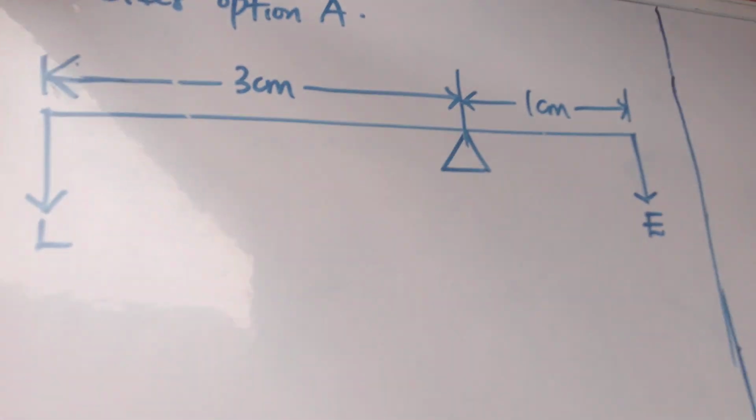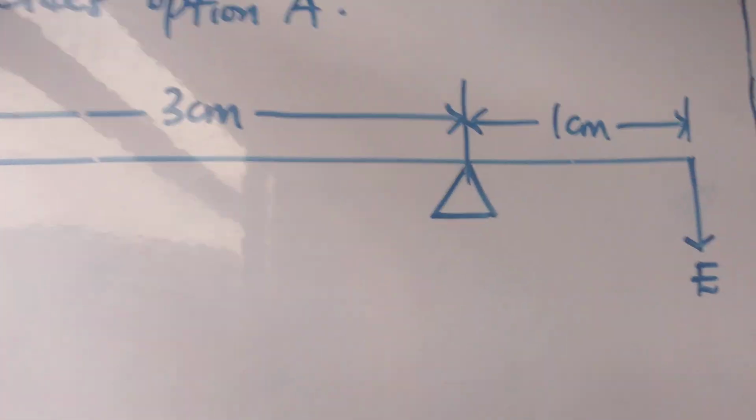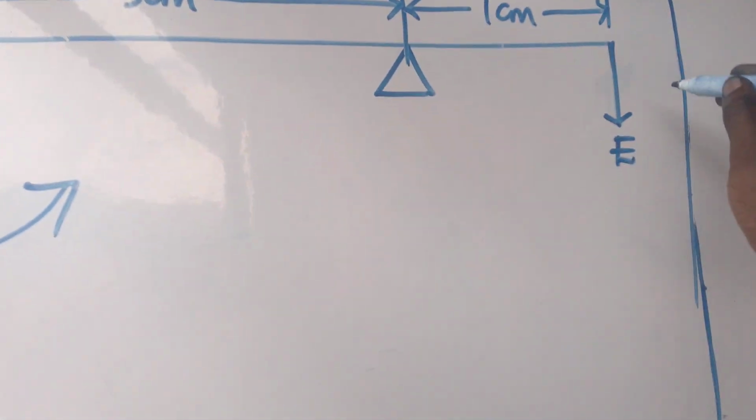Now we'll take moment with respect to this pivot. The load will move this way with respect to the pivot, and the effort will go like this.